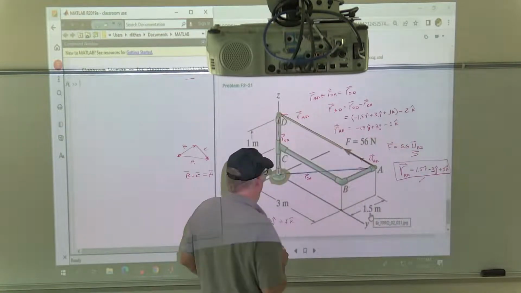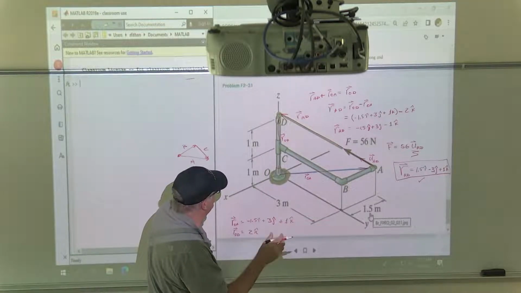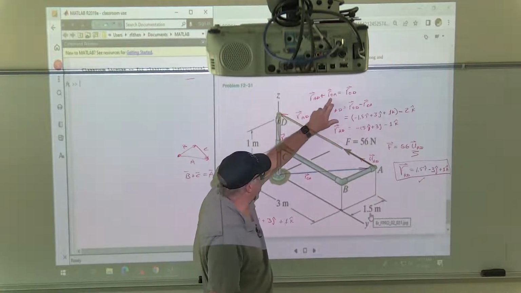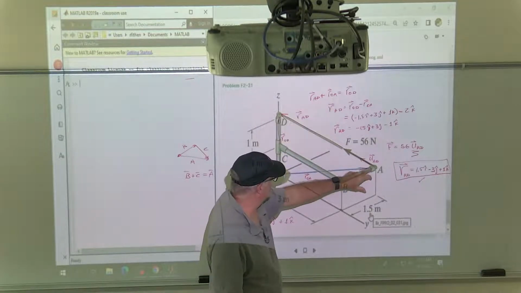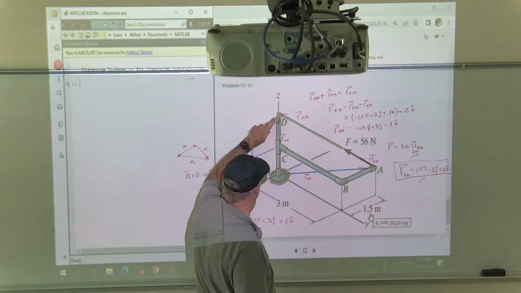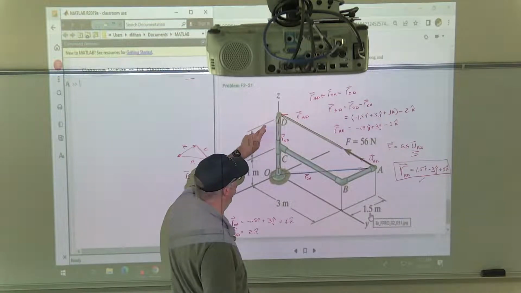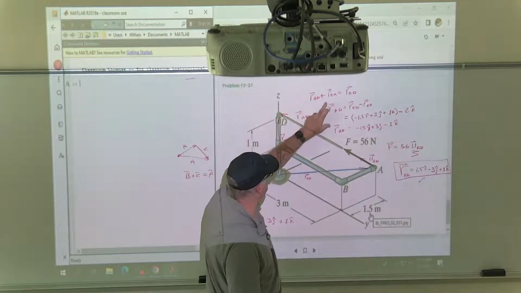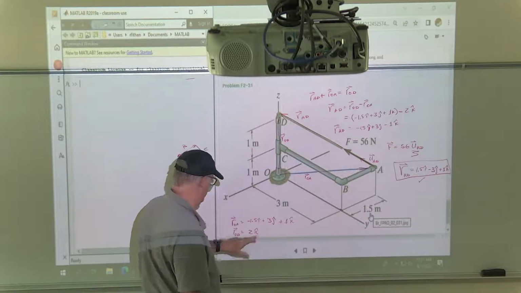Okay, let me look at it again. O to A, then A to D. O to A, and A to D. So if I go here, and I go here, I should get the same thing as I go there, right? This is 2. So this one is 2. Start at O, go to here, 2.